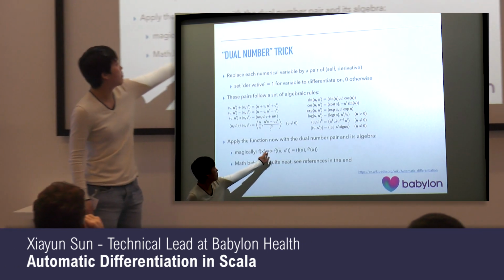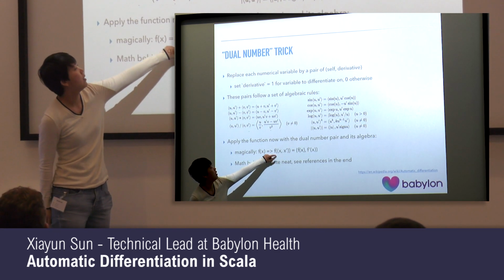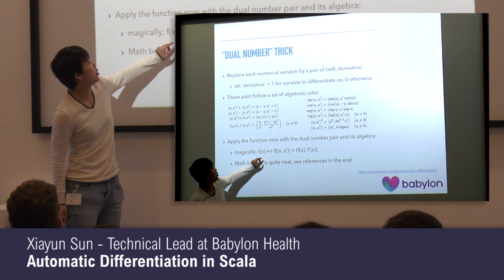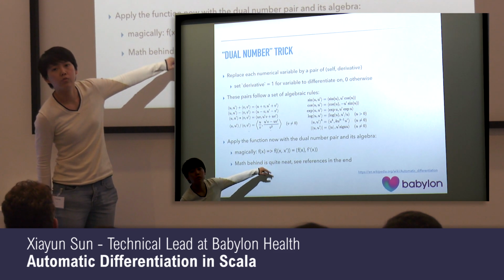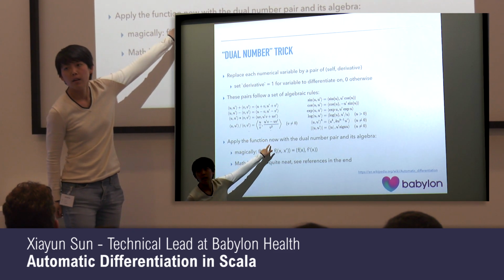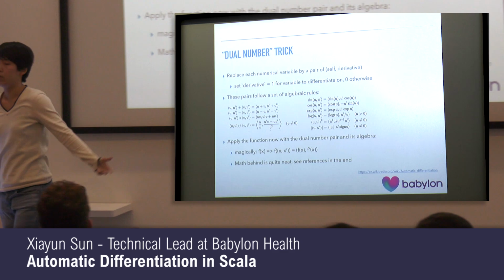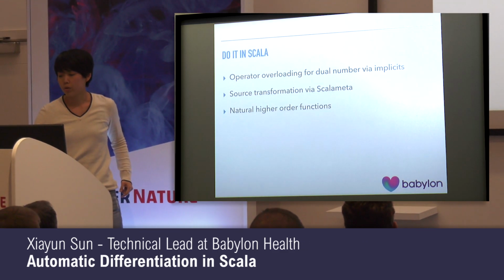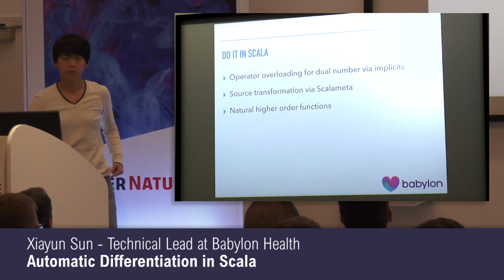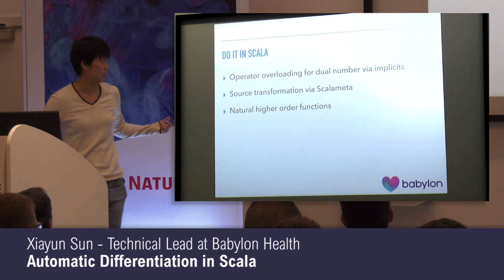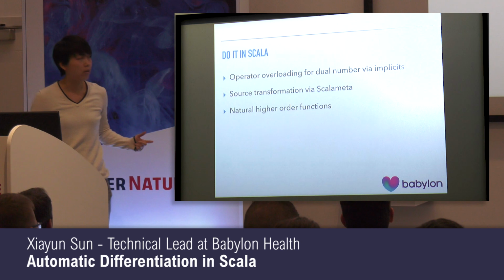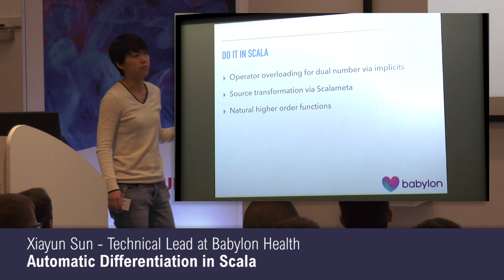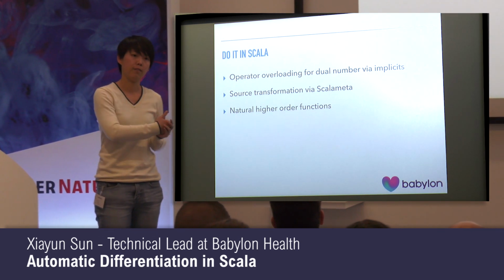Because we are replacing the input with the dual number, every operation down to the input needs to be replaced by these rules, and you can just do operator overloading on that. I will also be using Scala methods, which we'll see in a minute. And natural higher order functions are useful for differentiation because you are feeding it a function and you want a function out.